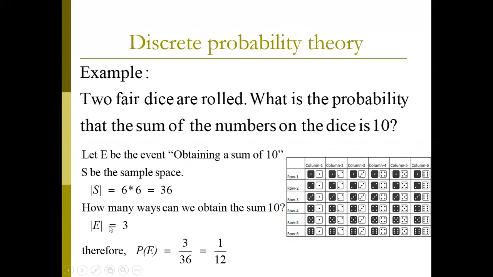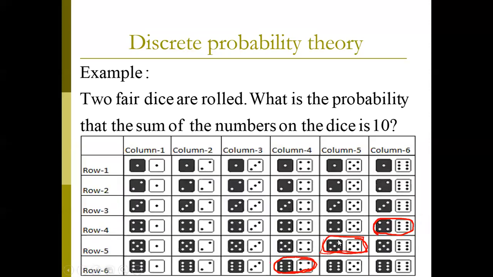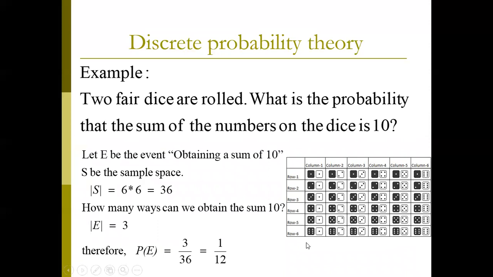Our event here is 3 because we have 3 outcomes that add up to 10. So the probability of getting a 10 is 3 out of 36, which is the same thing as 1 over 12. All right, so that is how we would go about working that out.